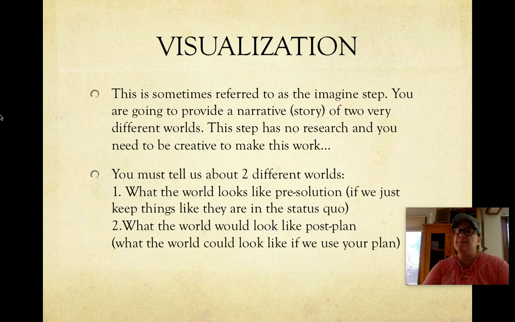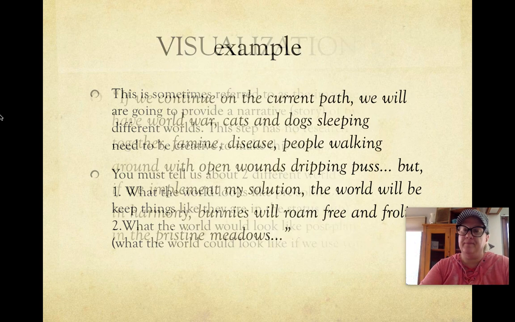Use imagery, paint us a story and a picture. Pre-solution, if we don't make any changes, what does that look like for us in our future? As compared to what it looks like if we adopt your ideas and we feel that cognitive dissonance and we do what you ask us to do for the betterment of the greater good. Okay, that's the visualization step.